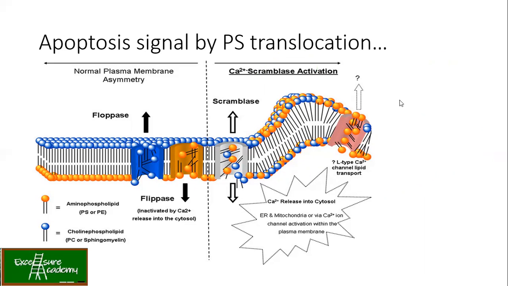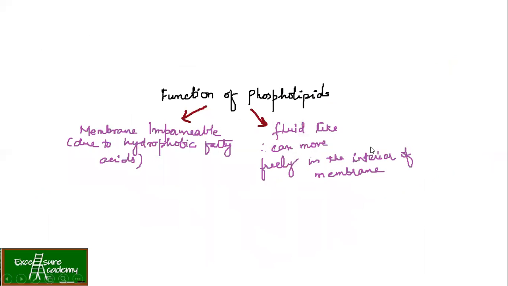Yes, ma'am. Okay. Yeah. Now coming to the functions of the phospholipids. So I already mentioned they are impermeable because of the hydrophobic fatty acids. So it does not allow anything to just cross. And fluid-like, so it can move freely in the interior of the membrane. So this fluidity of the cell membrane is very important, and how inside the cytoskeleton structure which is present.